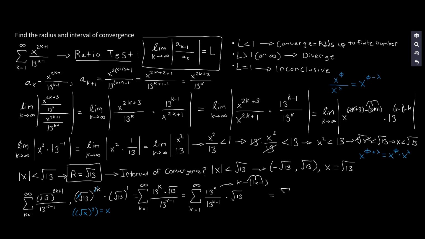So what's going to end up happening is we're going to have the summation from k equals 1 to infinity. Oh no, there's not going to be a rational expression anymore because this is just going to become 13, because it's just raised to the power of 1. So the denominator just goes away. So we're going to have 13 times root 13. Now root 13, we could just write it like this.